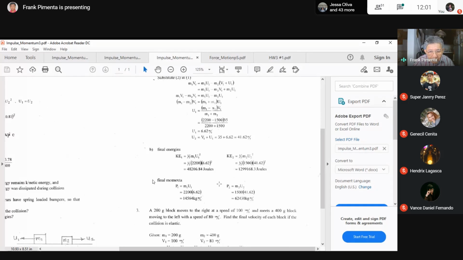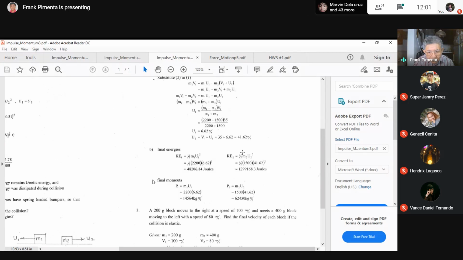Again, we know already the final velocities, U2 and U1. The energy now for body number 1 is 1/2 m1 U sub 1 squared. And since U sub 1 is found to be 6.62, squared, this is equal to 48,206.84 joules.